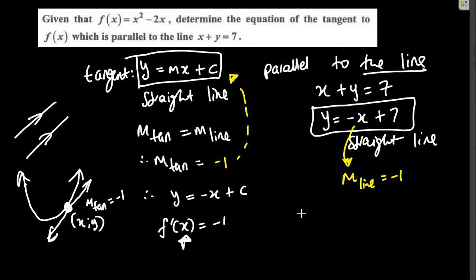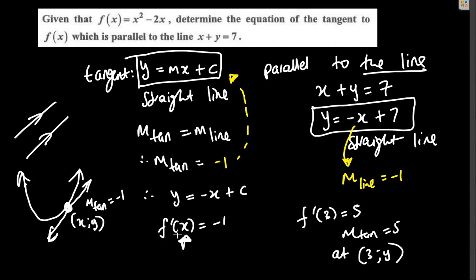Can you remember, if we have f derivative of 3 and then maybe it equals 5, it means the gradient of our tangent is 5 at a point where x is 3 and then we do not know the y. Isn't it? The gradient is 5 at x is 3. But here we know that the gradient of our tangent is -1, but we don't know at which x value that is.